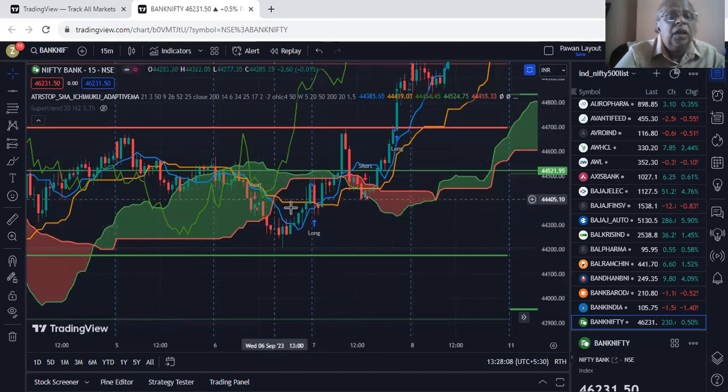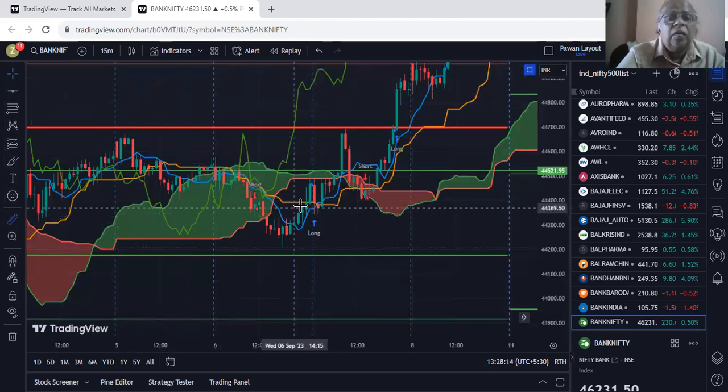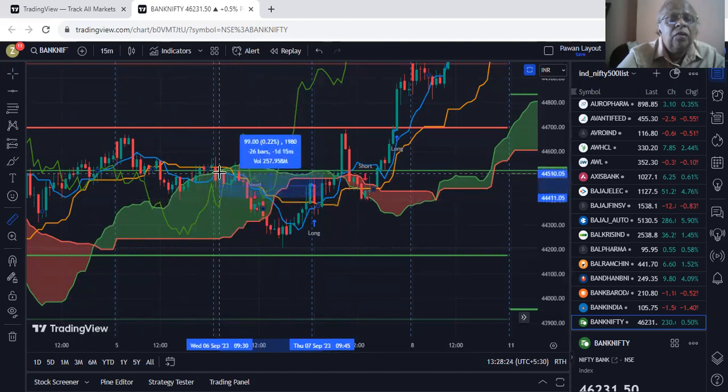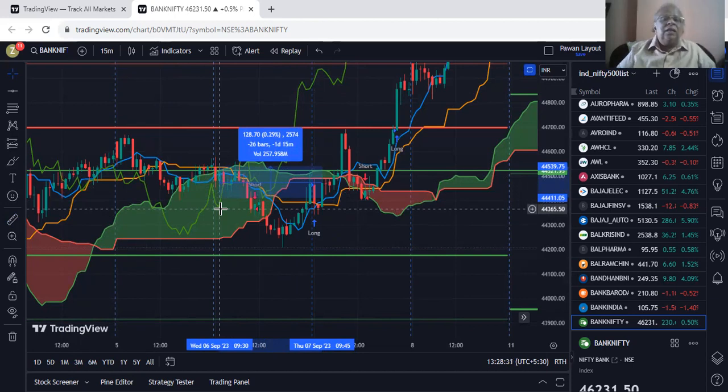So here, what you are observing, 26 period, at this particular candle, Chikou span is below the cloud, below the price.